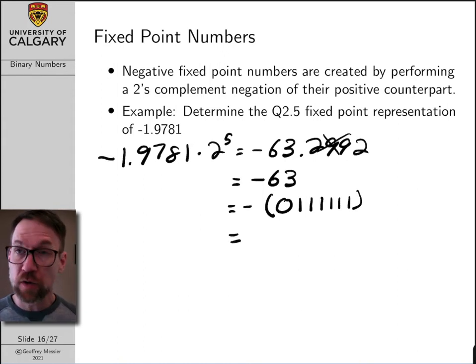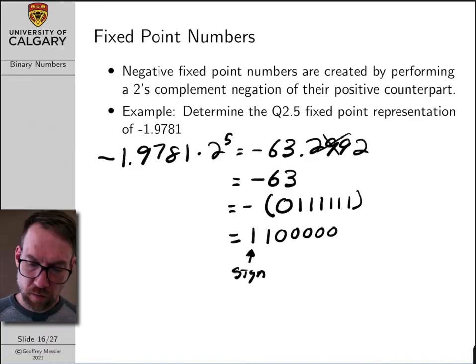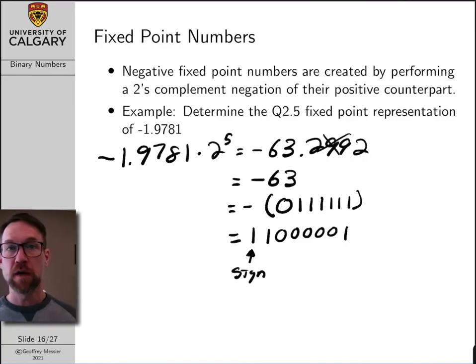And then we just take the 2's complement inversion of that and add the sign bit. So this is our sign bit now, and the rest of the number is 1. There, I think I've got that right. Yes, exactly. And that's it.